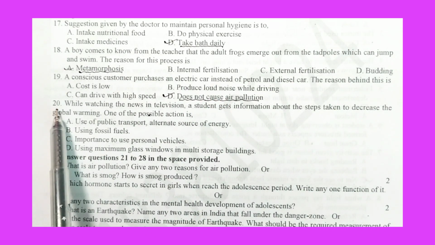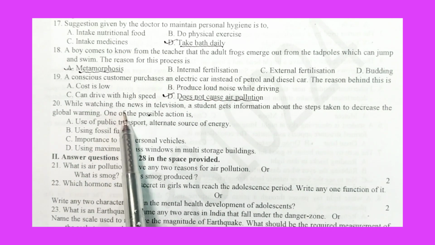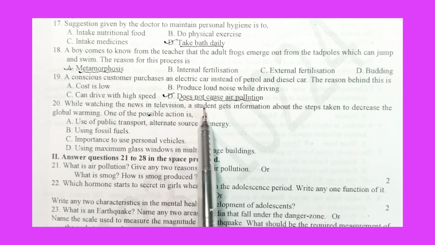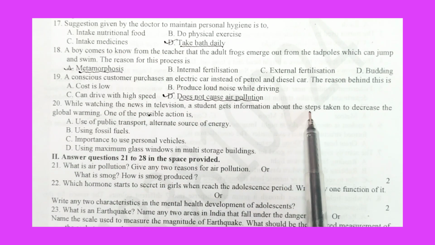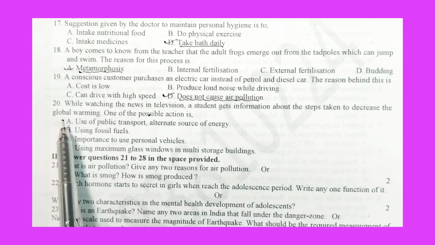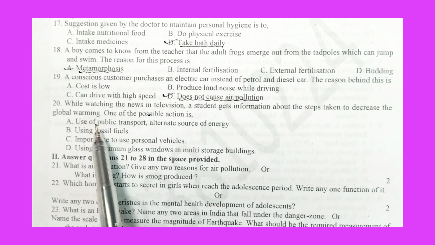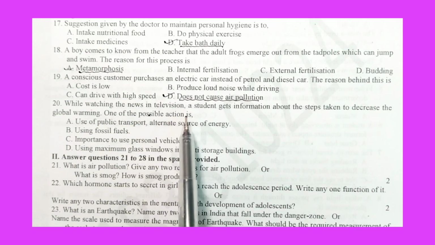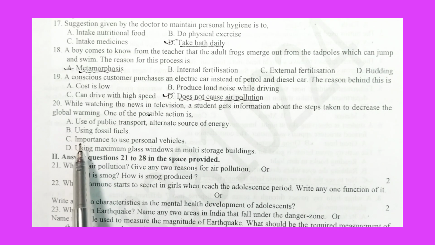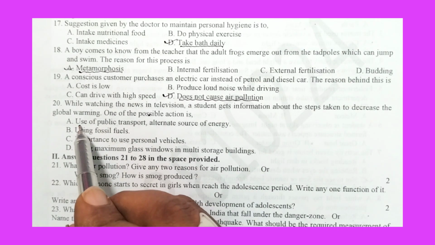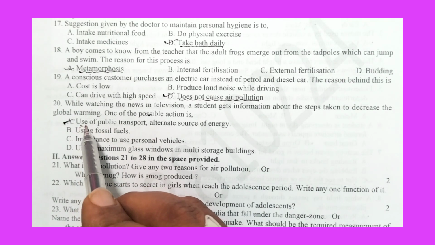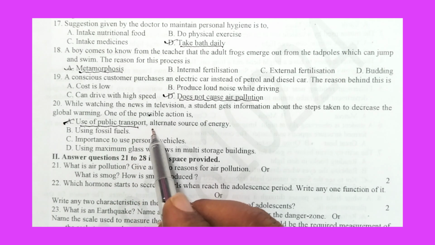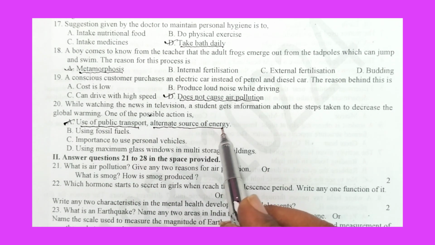Now let us move to the 20th question. While watching the news on television, a student gets information about the steps taken to decrease global warming. One of the possible actions, to prevent global warming, is option A: use of public transport and use of alternate sources of energy.